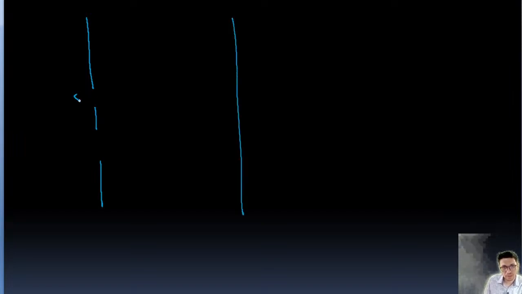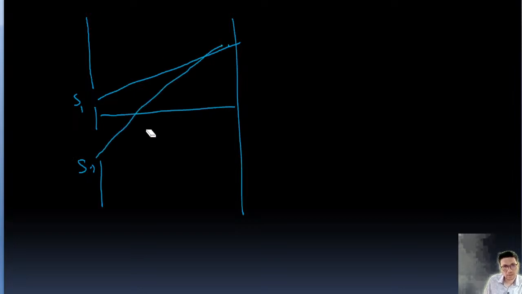I have already explained it in my optics class. So this is like this. This is the screen. These are slits S1 and S2. This is the principal maxima, and at this point we have to find the intensity. We know this double slit experiment.